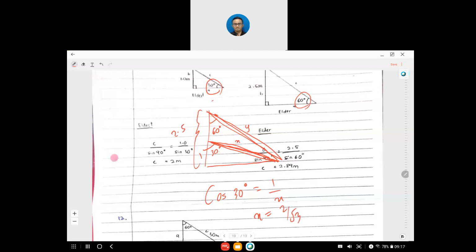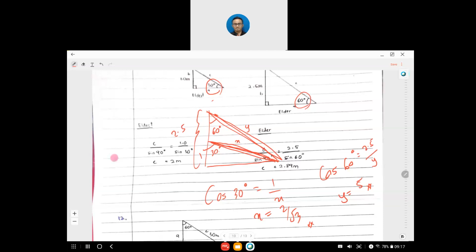And then the other one, cos 60 degree equals 2.5 over y, then you can get the value of y, which is 5 meter. Okay, so this is the answer.